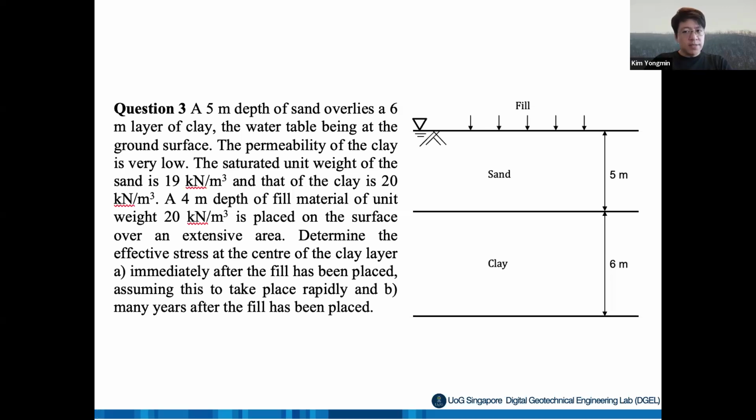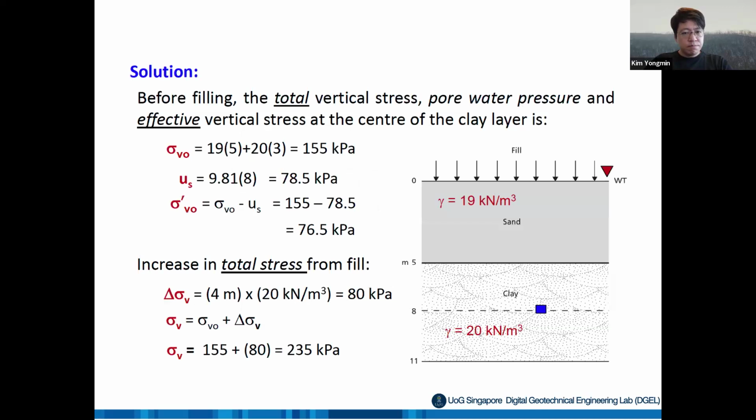I'm going to show you my solution. I take the middle of the clay. Nineteen times 5, 20 times 3, 155.